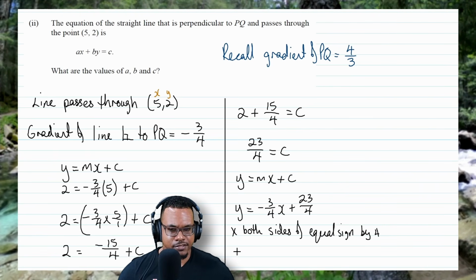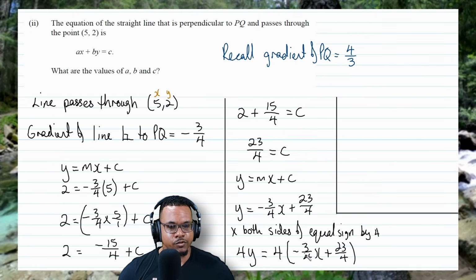So we'll have 4 times y is equal to 4 times negative 3 over 4 x plus 23 over 4. When I multiply this side by 4, this will be an expansion. I'm multiplying 4 by negative 3/4 x. This 4 becomes 4 over 1, multiplied by negative 3/4.